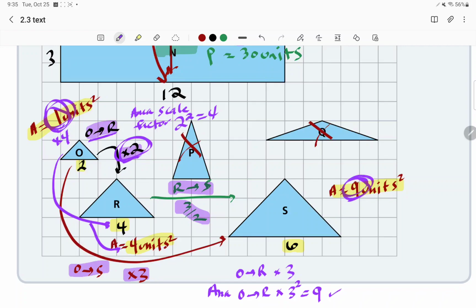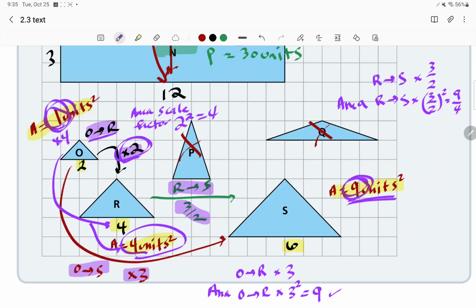And then the last one for R to S, I'll do this one over here. From R to S, the scale factor was 3 over 2. And so now if we're looking at the area scale factor from R to S, that should be times 3 over 2 quantity squared, which is 9 over 4, or 2.25. So if you take 4 times 2.25, that does in fact give you 9.